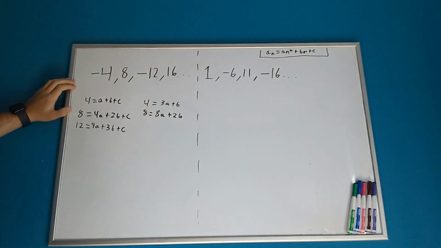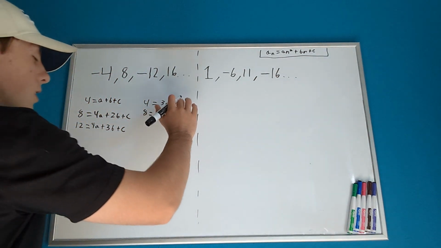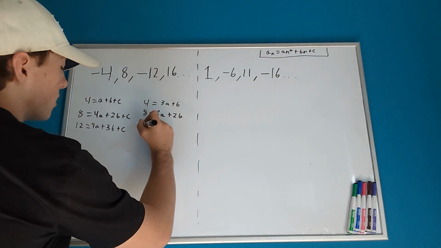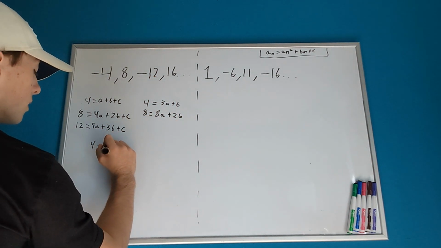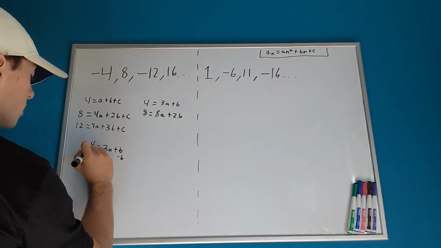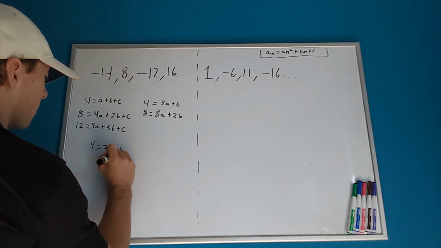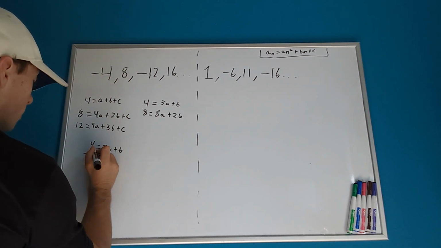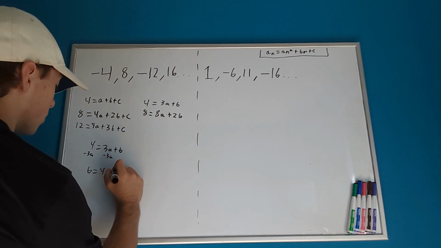Then we need to solve for one of the variables. Let's start with b, and that'll be the easiest. We subtract 3a from both sides, and we end up with b equals 4 minus 3a.